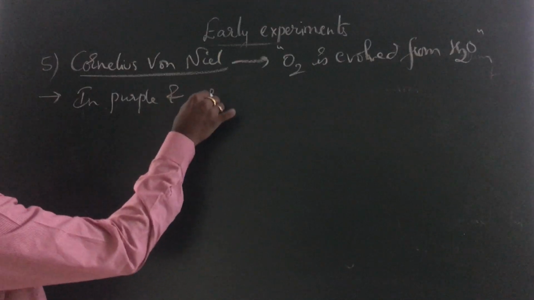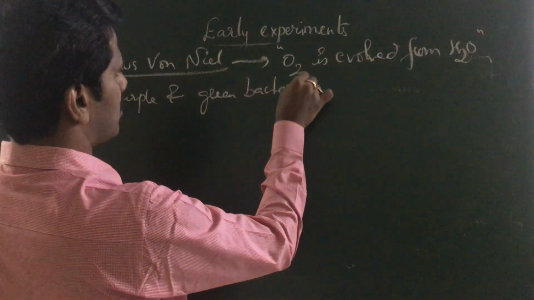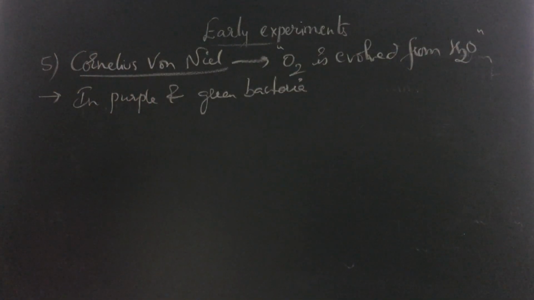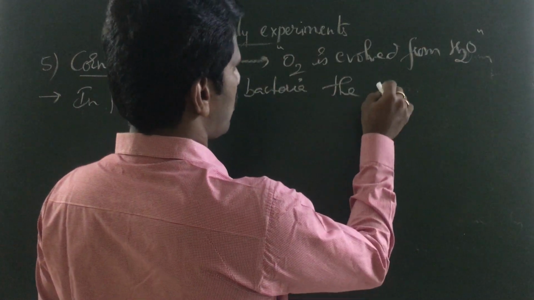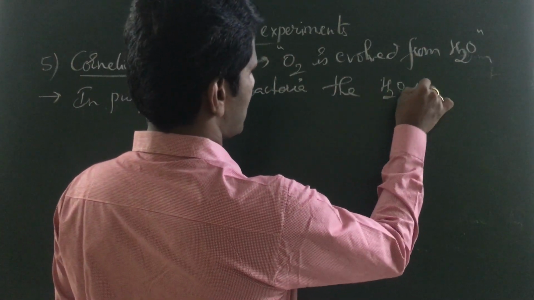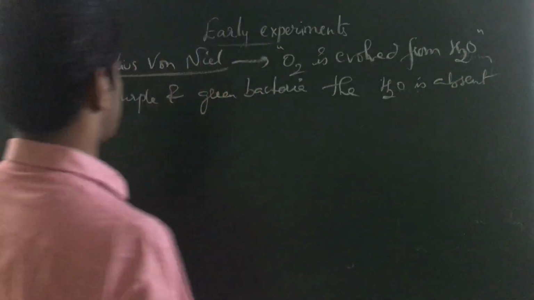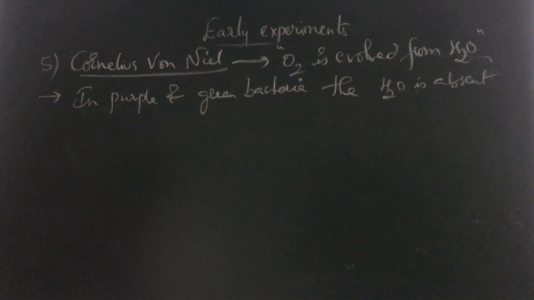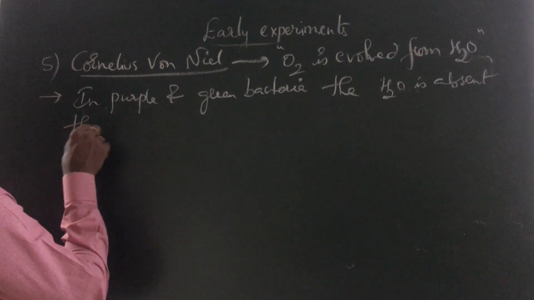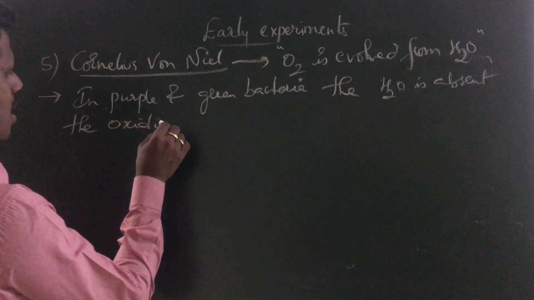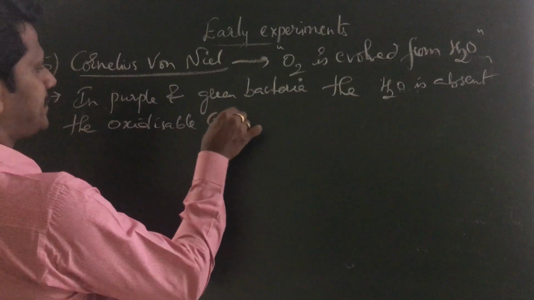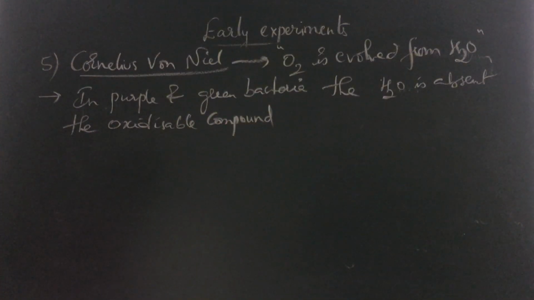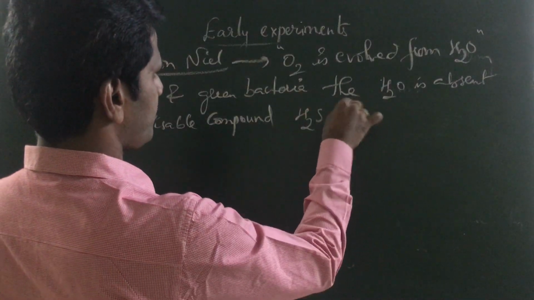In purple and green photosynthetic bacteria, the water is absent, and in its place the oxidizable compound hydrogen sulfide is present.